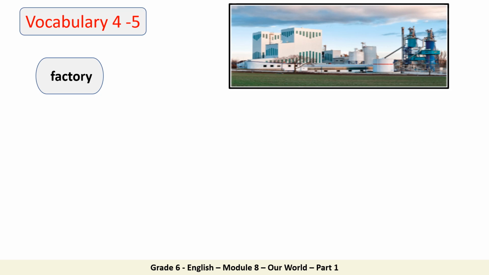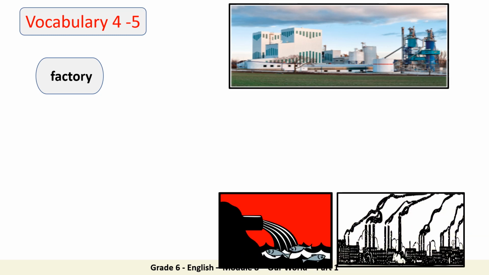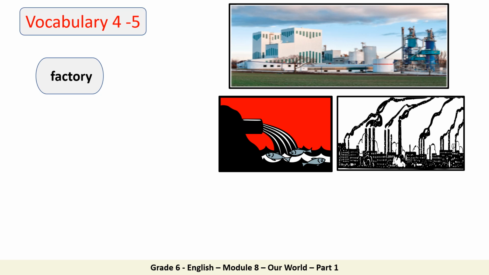Now, although the factory is very, very important these days, it also produces a lot of, yes, that's right, a lot of smoke, a lot of trash, a lot of rubbish, but because it comes in huge and big amounts, we don't call them just trash or rubbish. We call them waste. What do we call them? Waste. Please repeat one more time.